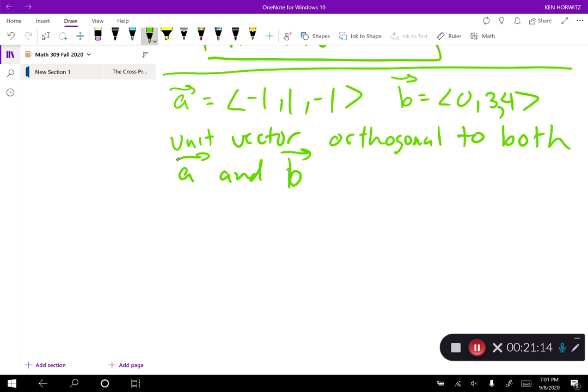It's going to be along the same strategy. Find a unit vector, that's the only change, orthogonal to both A and B. So your strategy is going to start with A cross B. So why don't you pause the video, do A cross B, then we'll come on back and we'll talk about how to turn it into a unit vector again. Pause the video and I'll see you on the back end.